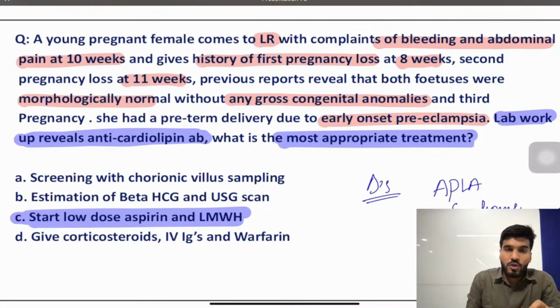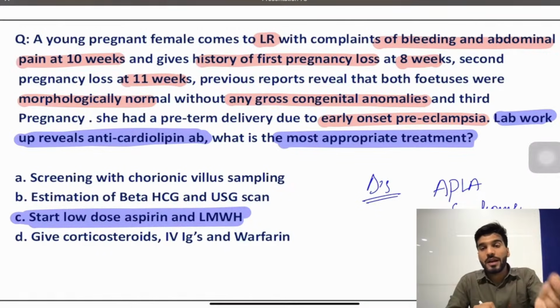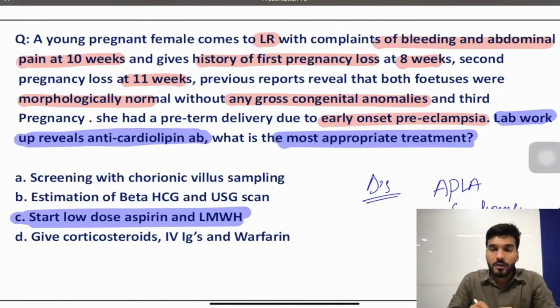Sometimes a question will also be asked with the history. They will not mention the anti-cardiolipin antibody; they will just mention that a patient wants to get checked preconceptionally for recurrent pregnancy losses, and ask what investigation you can do. They will mention HbA1c, TSH levels, blood pressure regularly, and lupus anticoagulant.